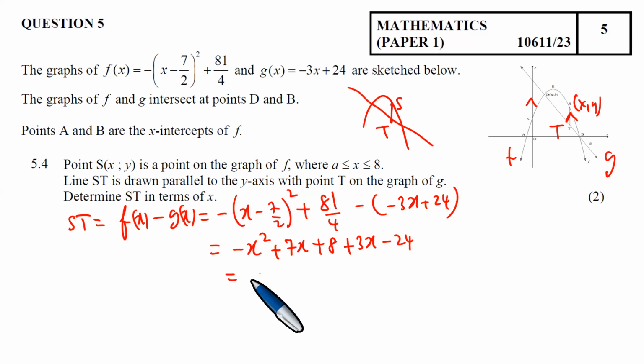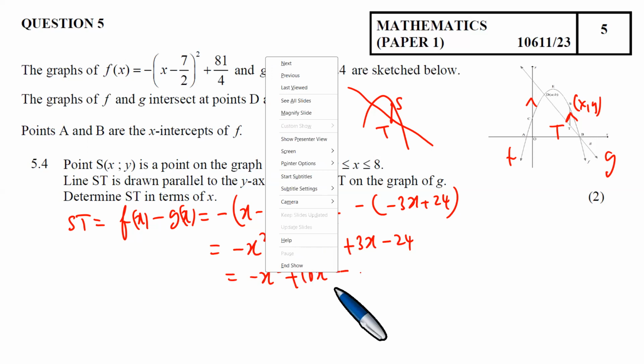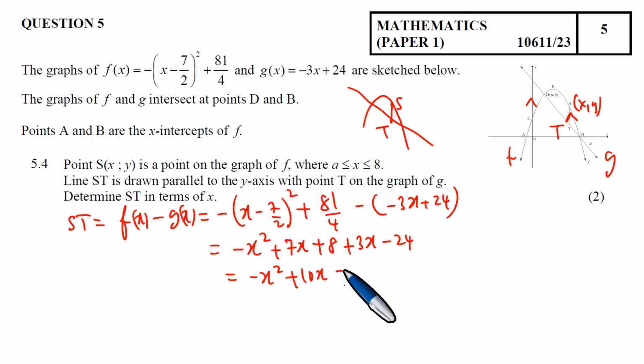And then what is the answer? This is minus x squared plus 10x, and minus 16.